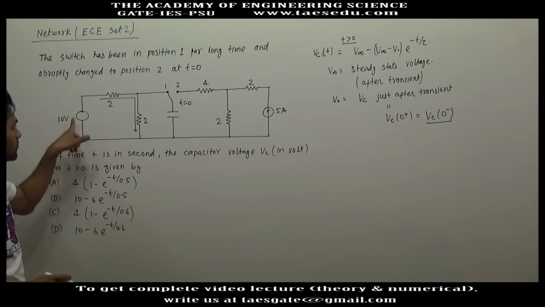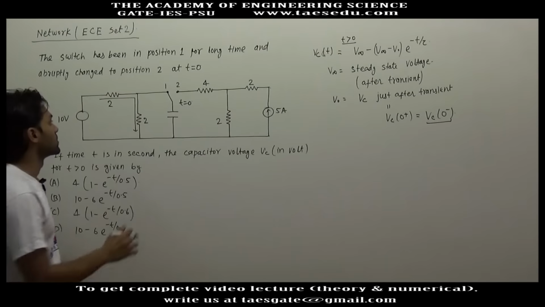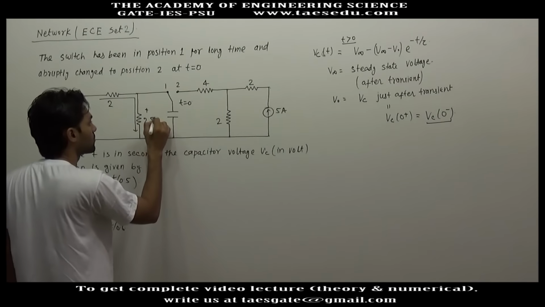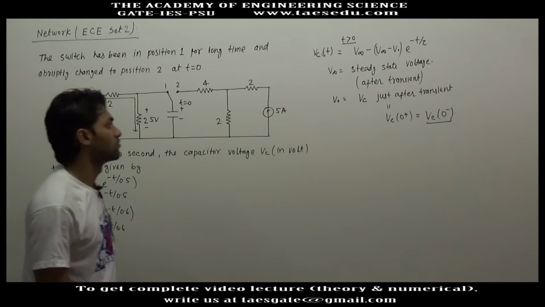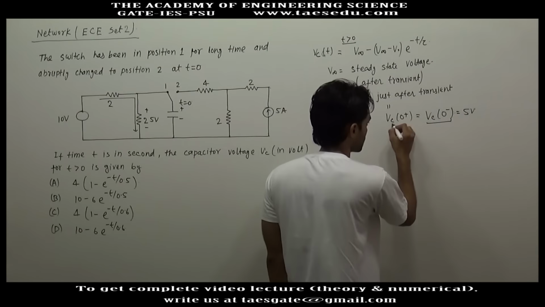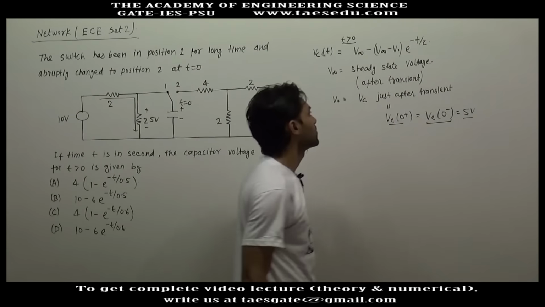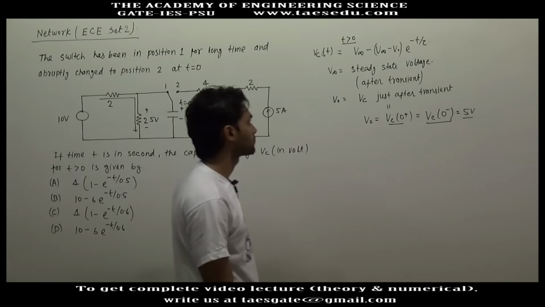So this 10 volt will be equally divided across these 2 ohm resistances. So here voltage will be 5 volt, so the voltage across the capacitor will be 5 volt before transient, and just after transient also this voltage will be 5 volt. So V0 is 5 volt.